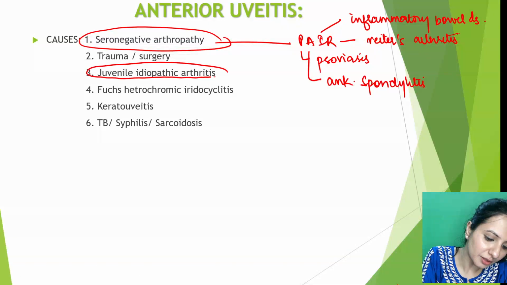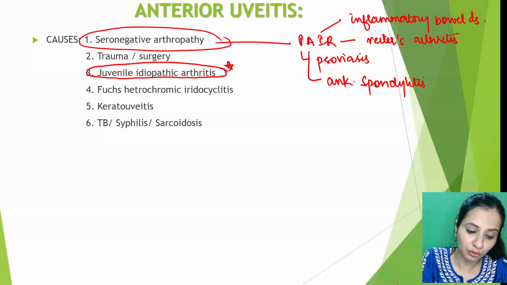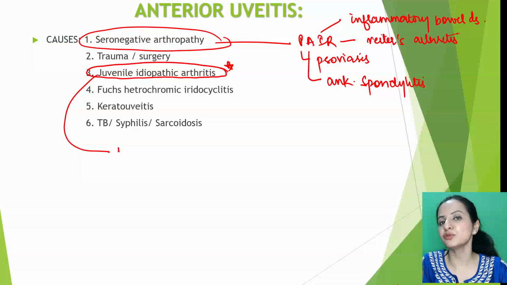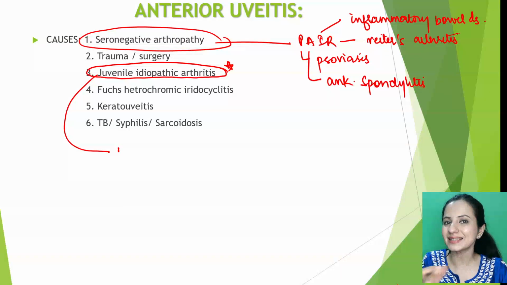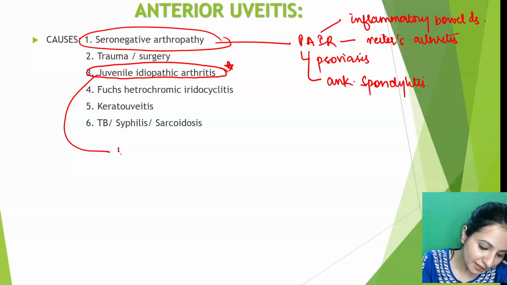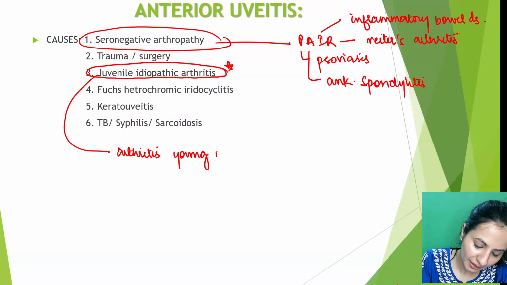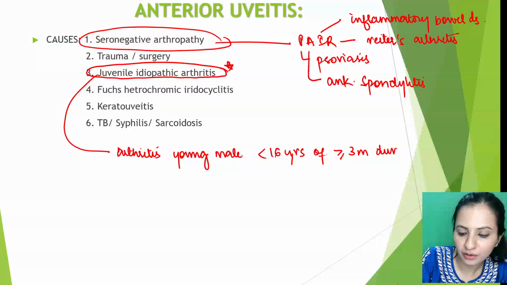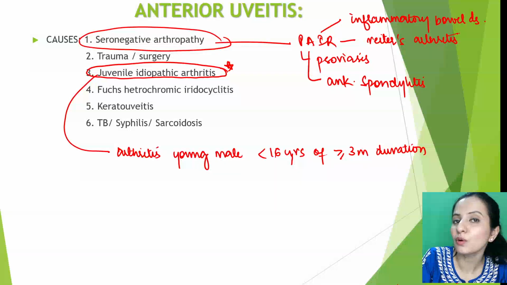Juvenile idiopathic arthritis, again you need to know it is of three types. When do we call juvenile idiopathic arthritis? As the name suggests, whenever there is any arthritis in a young patient less than 16 years of age and of 3 months or more duration, then we call it JIA.